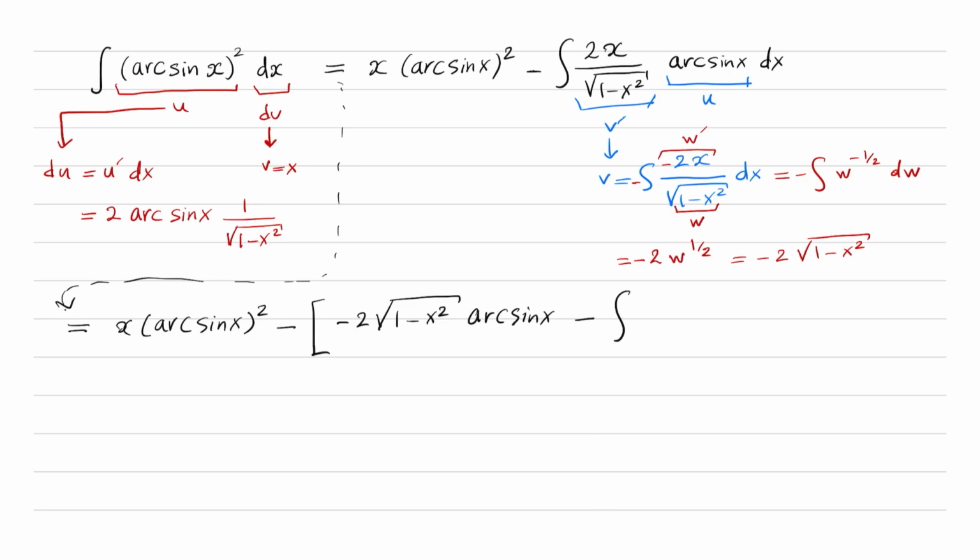Well, v is minus 2 square root of 1 minus x squared. I'm going to put the minus here and make this minus plus, times du.